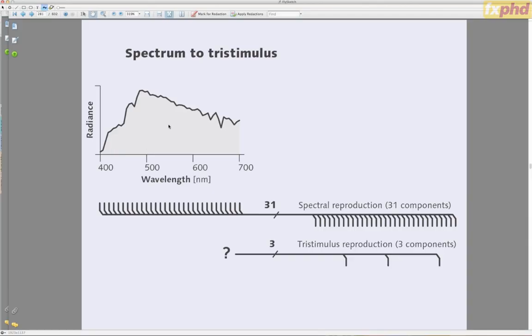Here we have a graph of wavelength across the visible portion of the spectrum, from about 400 to 700 nanometers. Longer wavelengths go to IR, then microwave, then radio waves, but we don't see any of that. Shorter waves go to ultraviolet and X-rays and gamma rays, and we don't see any of that.